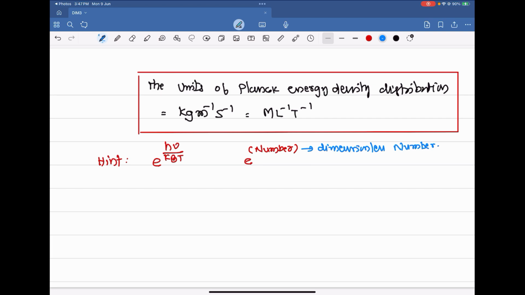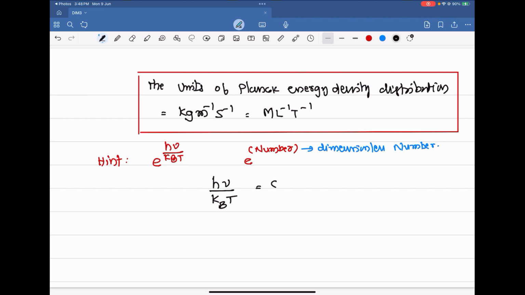Numbers will not have any dimensions. Hence, for dimensional analysis, we take h nu by kb into t is equal to some constant.